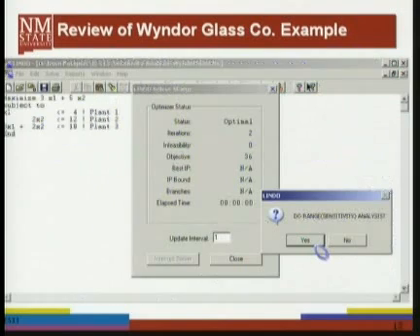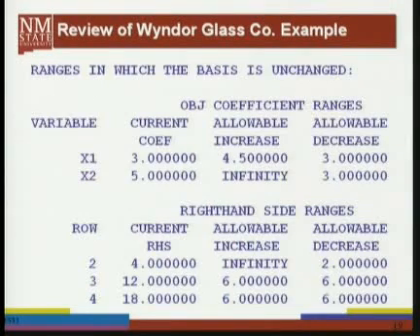When you run Lindo, you will get a small pop-up window like this, asking about information for sensitivity analysis. At this time, if you click yes, then you will get information something like this. Of course, you are going to learn how to use all this Lindo output for sensitivity analysis later on. Okay?